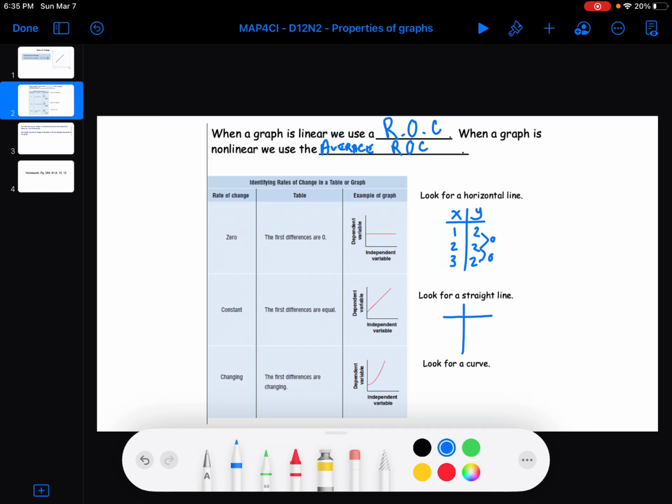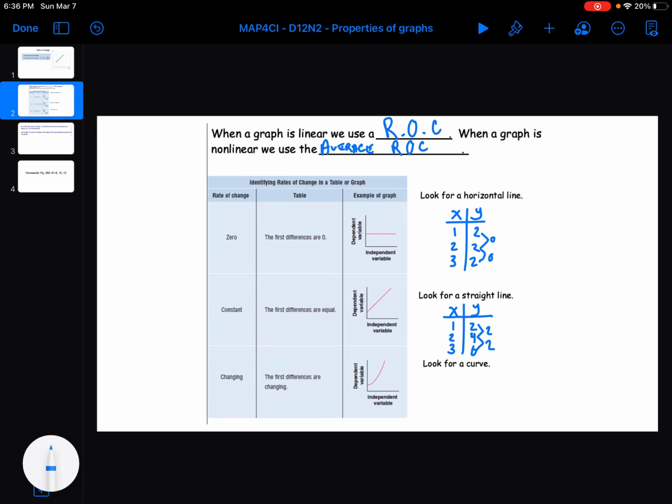So again, if we had x is 1, 2, 3, and y was 2, 4, 6, our first differences here, we're looking at the x's are going up the same values, the y's are going up by any value, but as long as the x's have the same differences between them, we can always check the first differences of the y. They're going up by 2, it's a straight line.